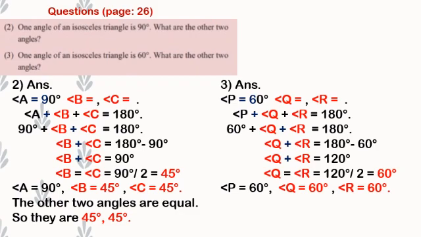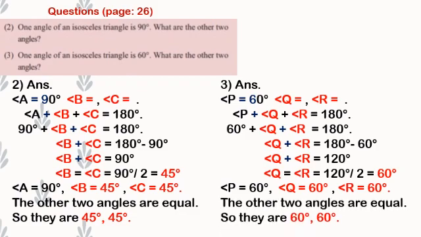We get all angles: angle P equals 60°, angle Q equals 60°, and angle R equals 60°. So we can say this is an equilateral triangle because all three angles are 60° each. So we can write the final answer as: the other two angles are equal, they are 60° and 60°.